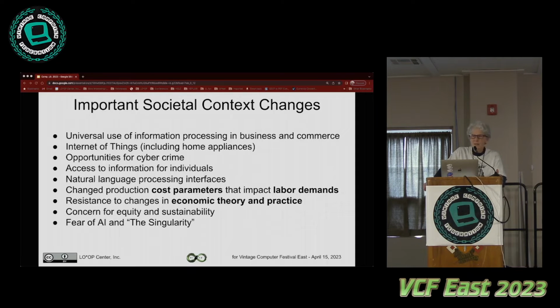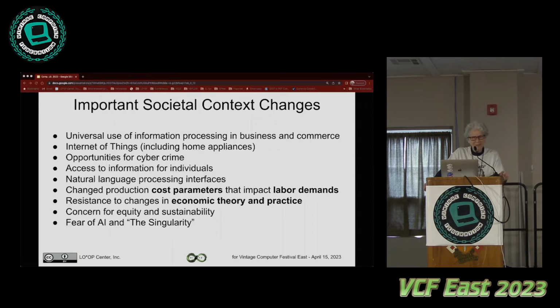This is something that, while it's not understanding about computing per se, it's understanding our society, understanding how the economics that affect us every day work. I think that's going to be very important, including how labor demands change.